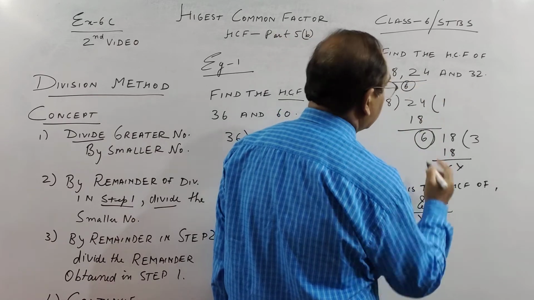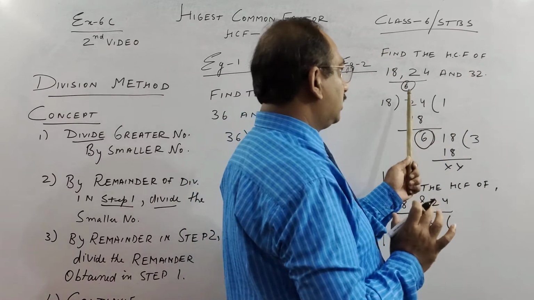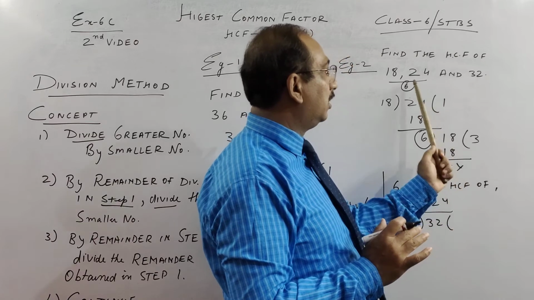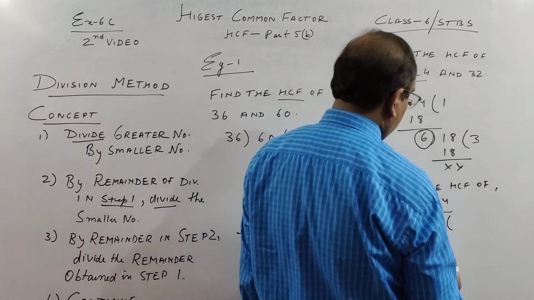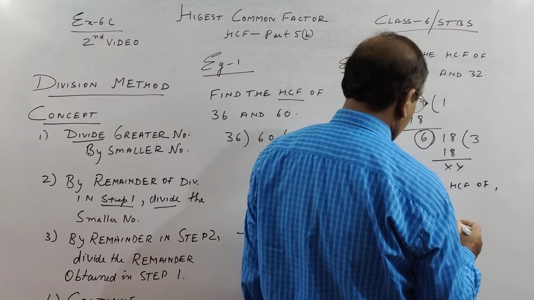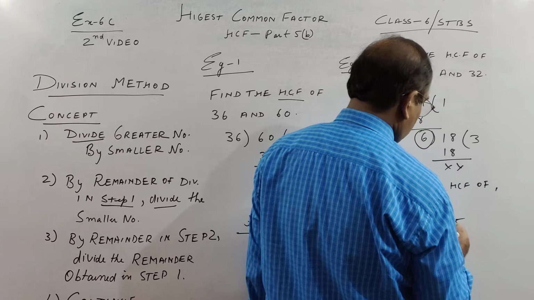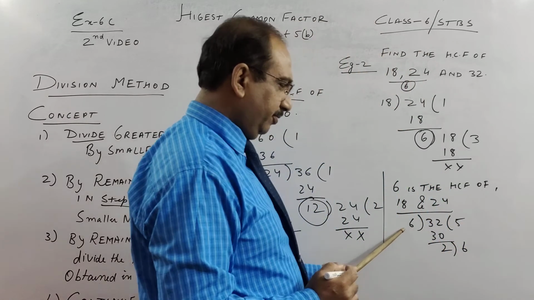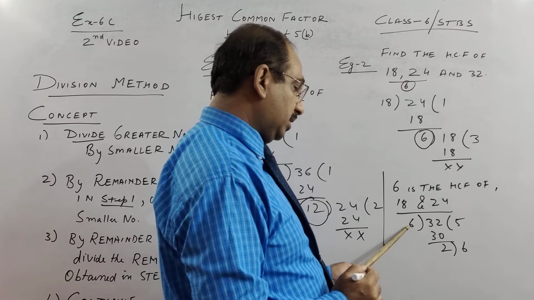With this 6, I will divide the last number. The HCF of these two numbers, which we got by the division method, we will use to divide the last number and see what remains. 5 sixes are 30, 2 remains, and 6 comes here. So divide the greatest number by the HCF.